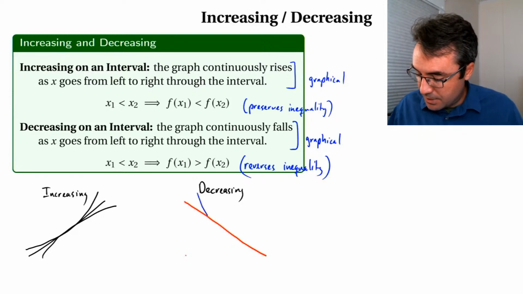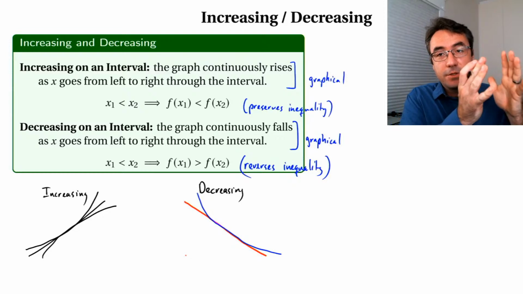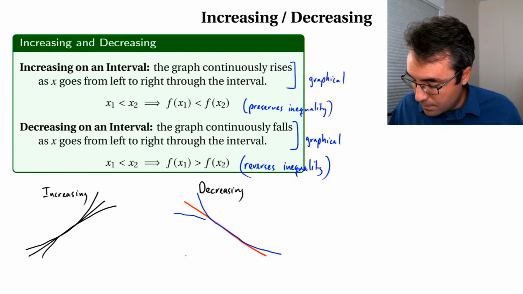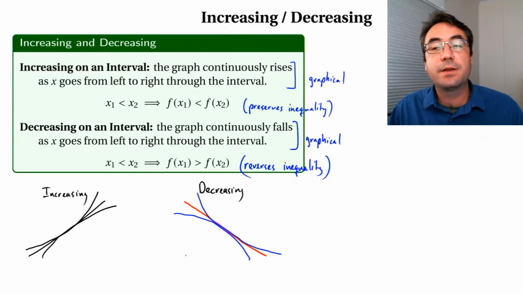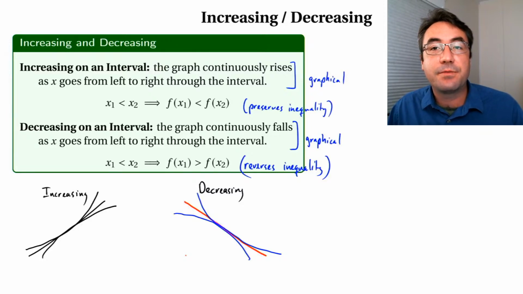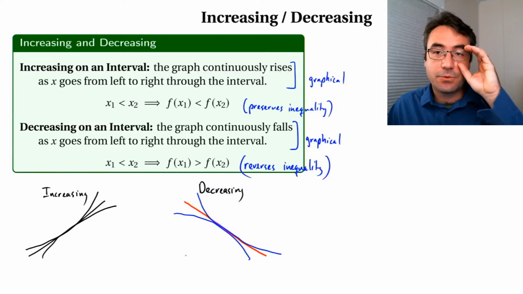So maybe it looks something like that. Still decreasing. It's going down as we go from left to right, or maybe something like this. So again, as we move from left to right, the graph is falling down. So really that's the interpretation we're going to be looking at right now. Just graphical.